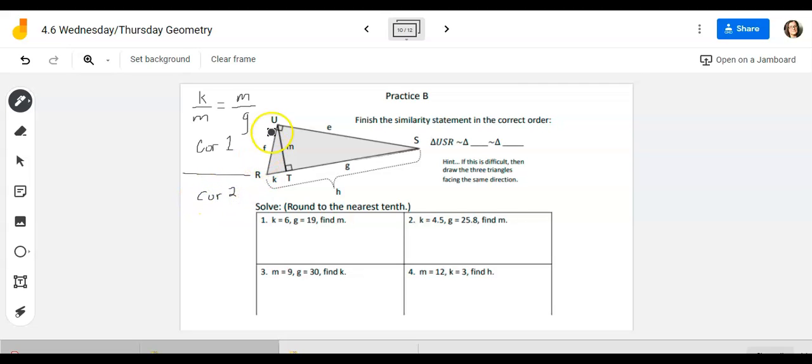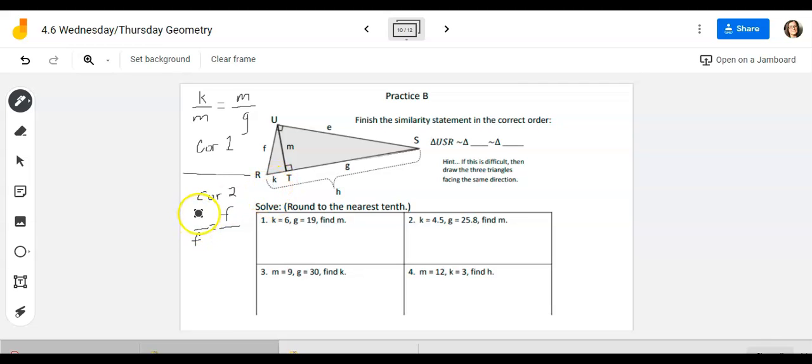Let's say I'm looking at F. It's a leg on the original big triangle. F is closest to K on the hypotenuse. So F, your leg, always goes in the geometric mean spots.